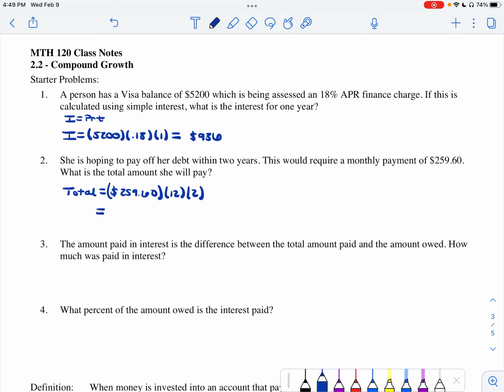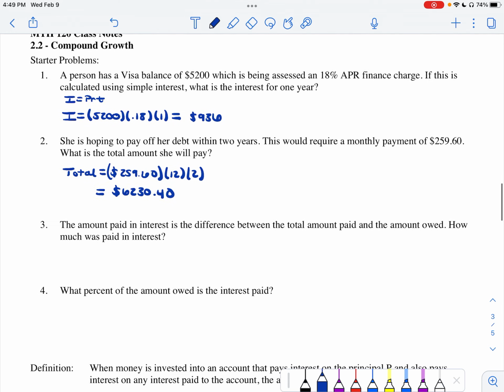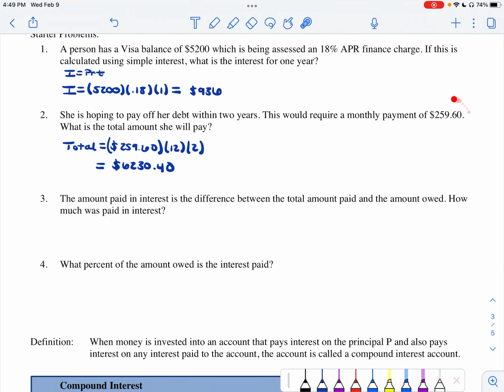So if we multiply that out, 259.6 times 12 times 2 would give us $6,230.40. So that's the total amount of money that she would be paying over this 2-year period if she were making these monthly payments. Okay.